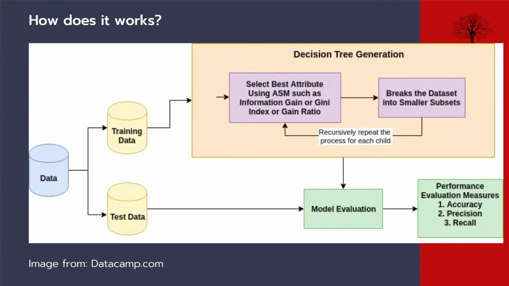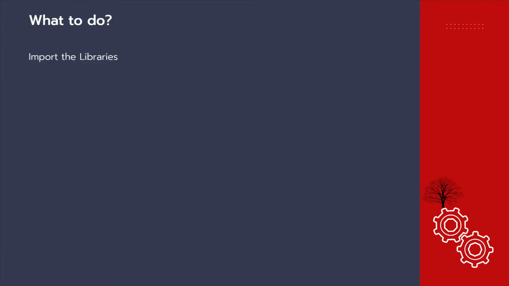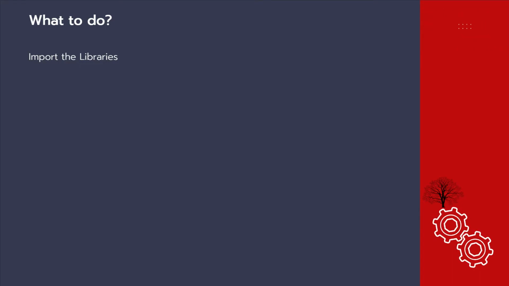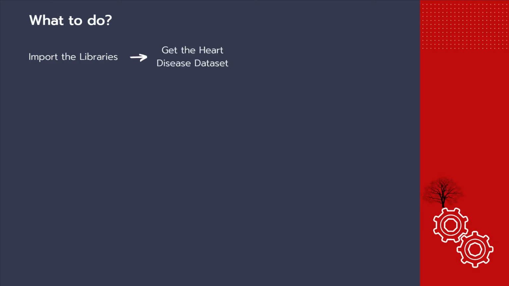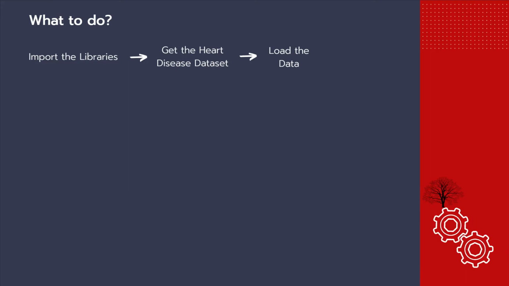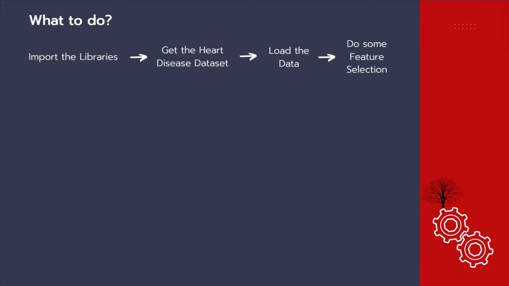And then we evaluate the model and test the accuracy, precision, and recall with the testing data. And after that, let's do some execution. To execute this project, first, of course, we have to build the decision tree model as in the previous slide, and then we import the libraries into the system, we get the heart disease dataset, load the data, and do some feature selection.